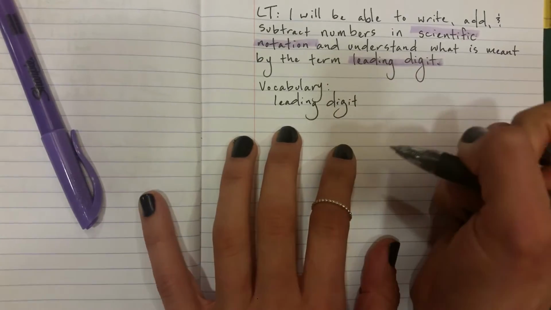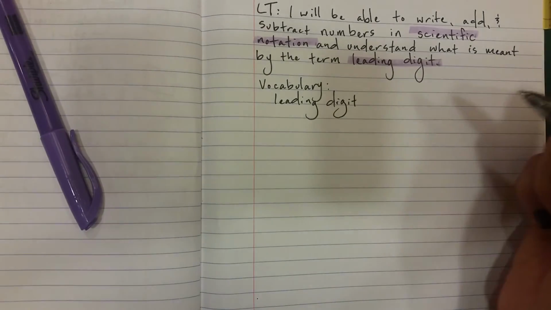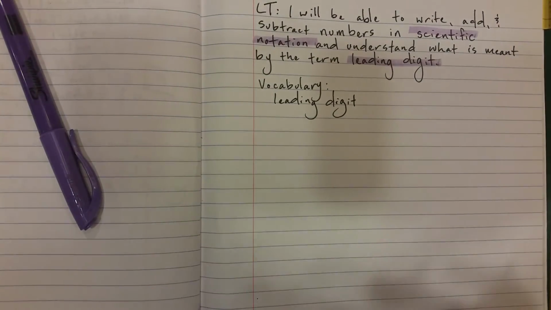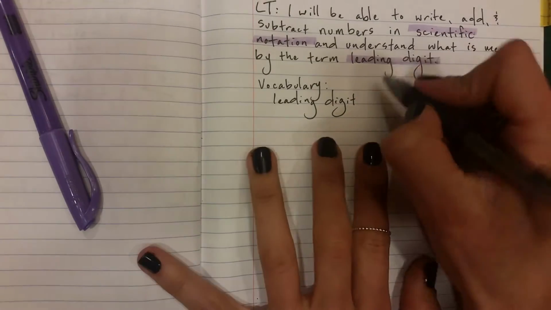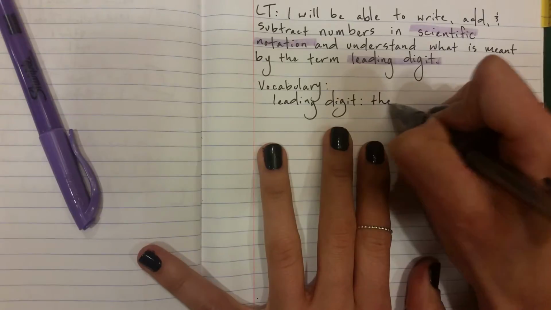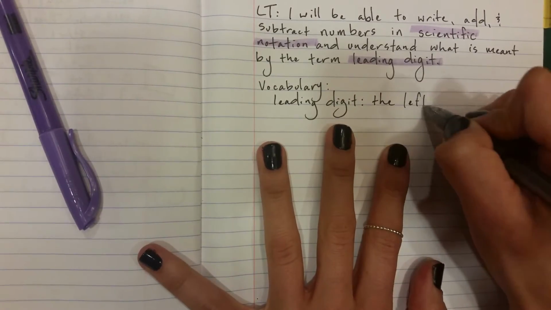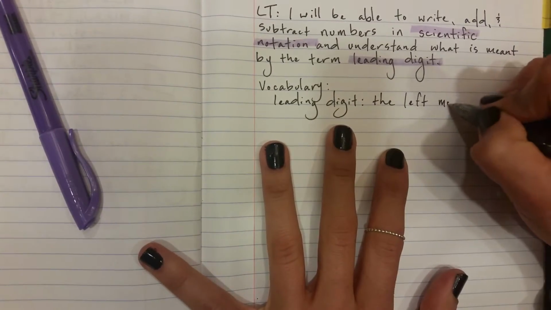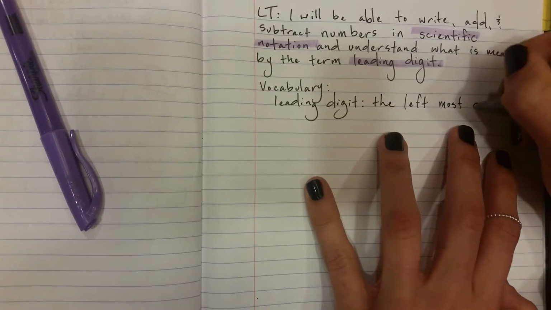Okay. So leading digit is the leftmost digit in a number expressed with scientific notation. So this would be what it would be written out as in a definition.